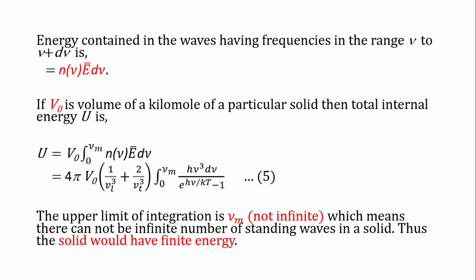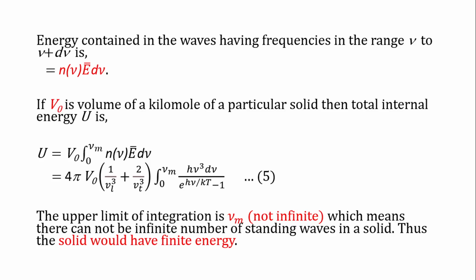Now, if V0 is the volume of a kilomole of a particular solid, then the total internal energy U is V0 times the integration from 0 to nu m of n nu d nu into E bar.